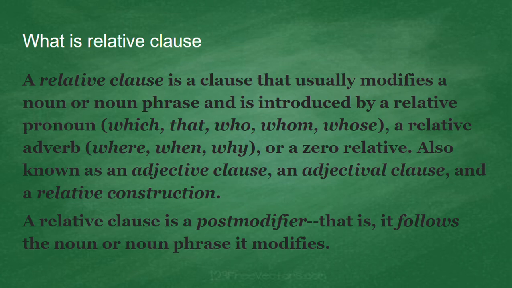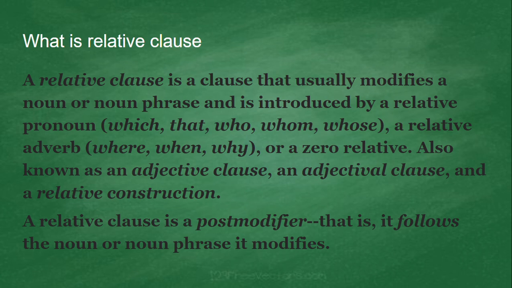A relative clause is a clause that usually modifies a noun or noun phrase and is introduced by a relative pronoun. Kinds of relative pronouns are which, that, who, whom, whose.